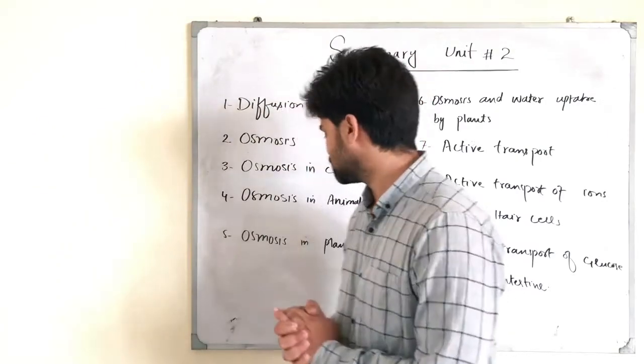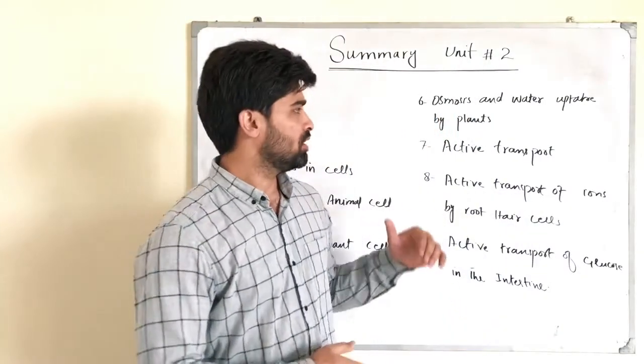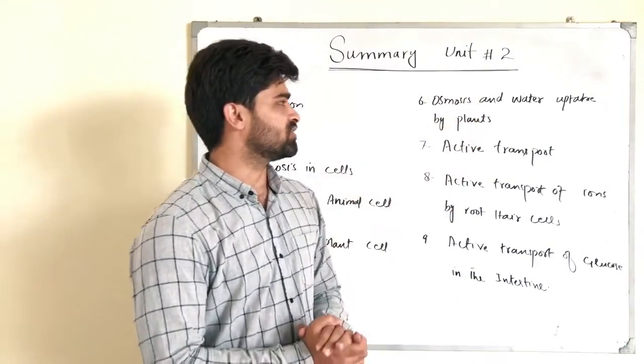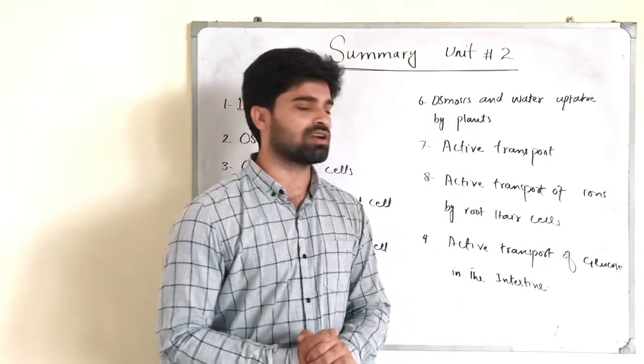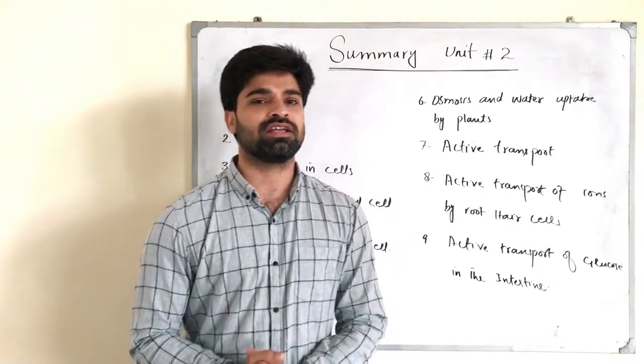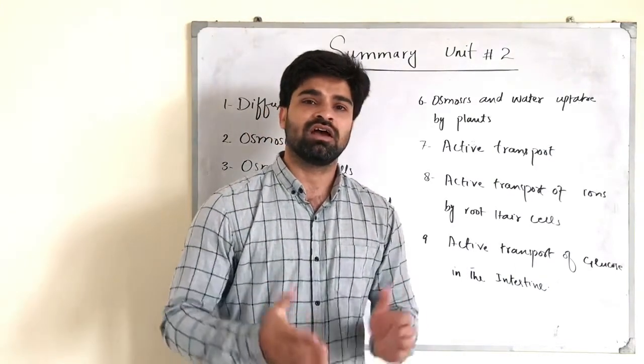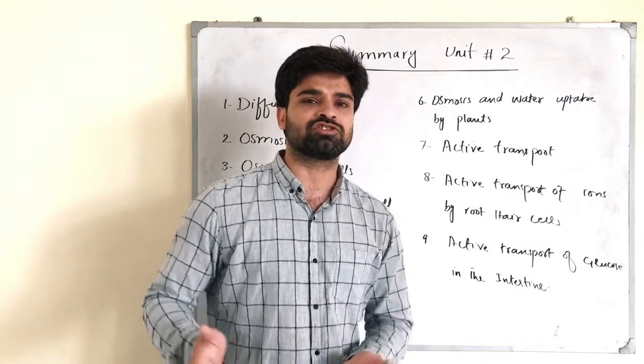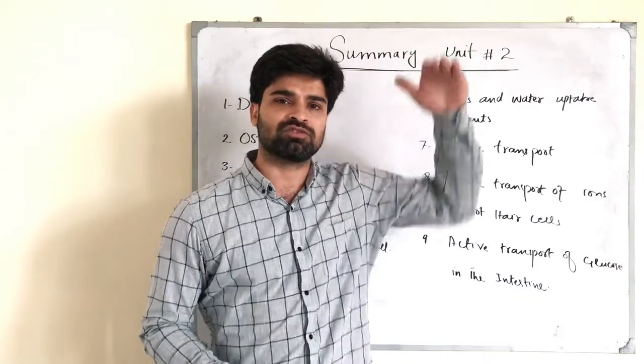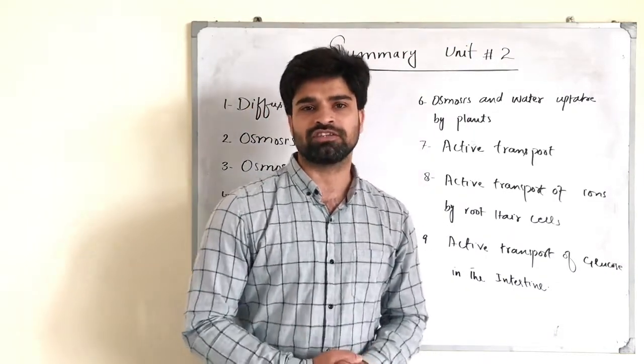My dear students, in the next lesson we discussed osmosis and the water uptake by the plants, and in that lesson we studied that water is taken up from the soil to the aerial parts of the plants through the root hair cells.